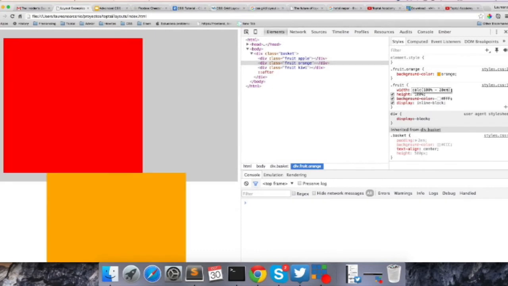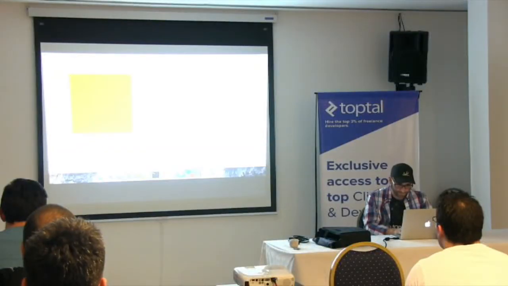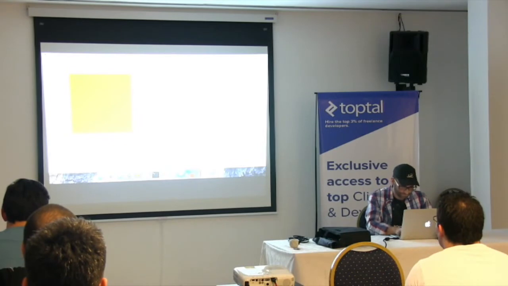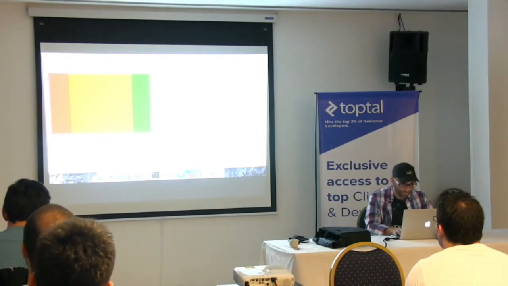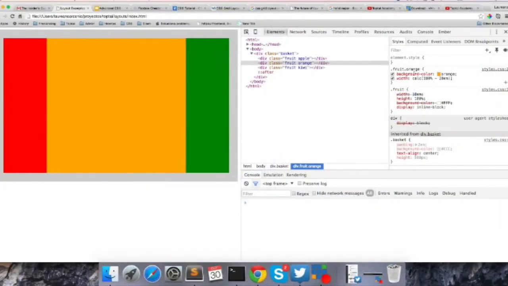So it will be 20 ems. There you go. So with just one line of code, where we had to write like five properties before, with this one property we can achieve the same.